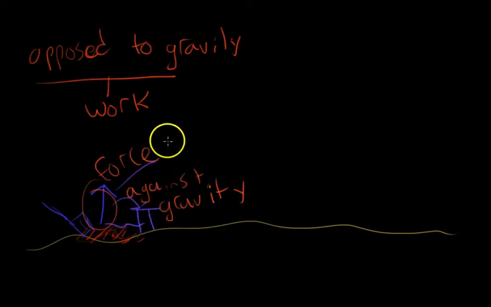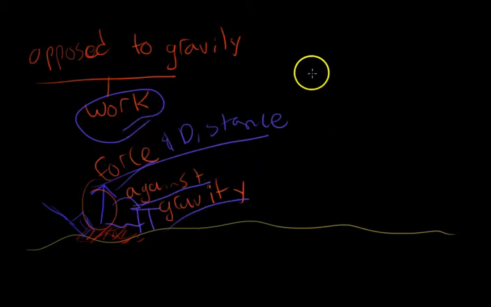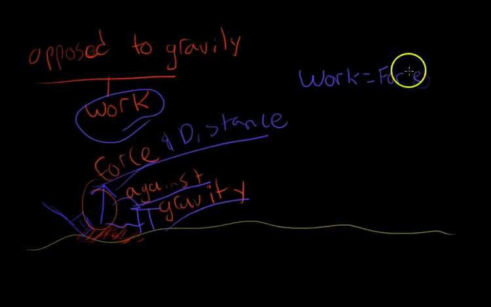So we have a force and a distance, and all that is encompassed in work: the force and the distance to move the leaves against gravity. The equation for work looks like this: work is equal to the force exerted times the distance.